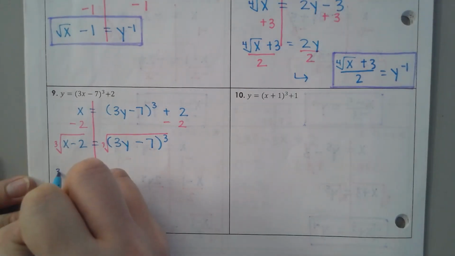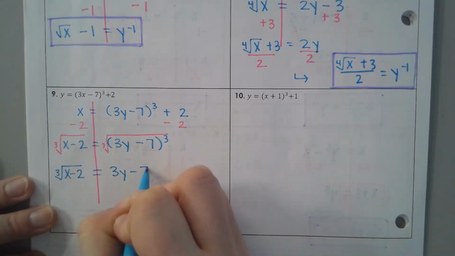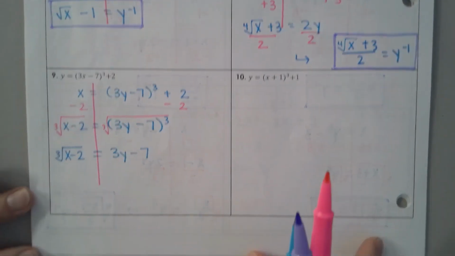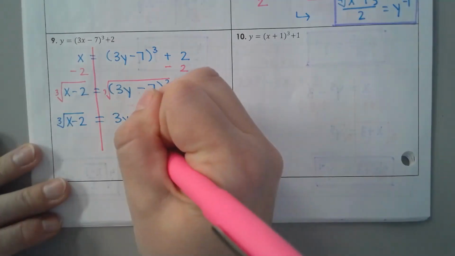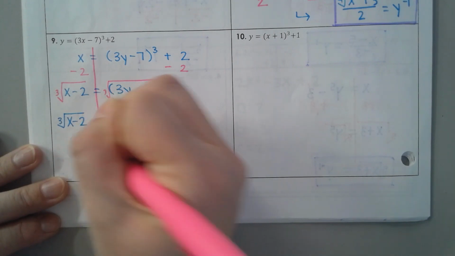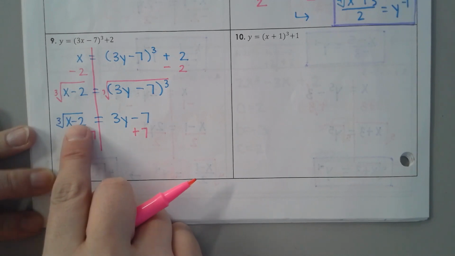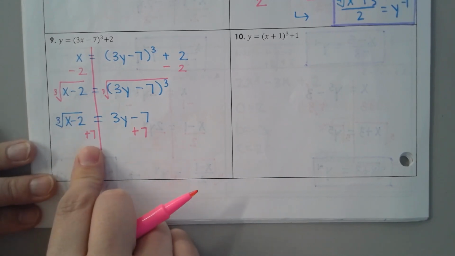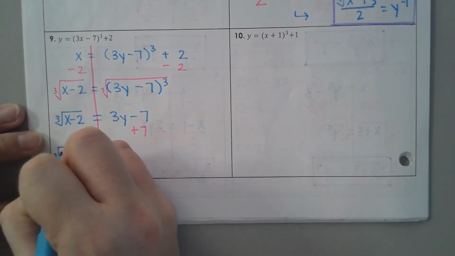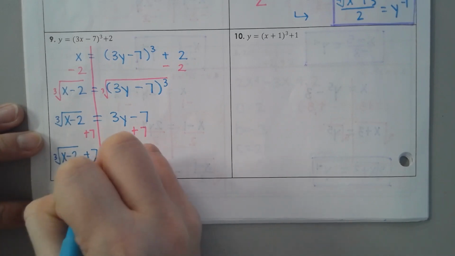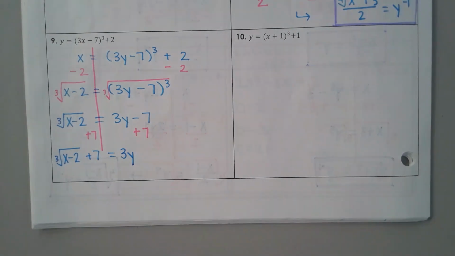So we have the cube root of x minus 2 equals 3y minus 7. And then I add 7. Now I cannot do -2 plus 7 and get 5 because the -2 is under the root, the 7 is not. So they're just separate. So it's just the cube root of x minus 2 and then plus 7. Yep.